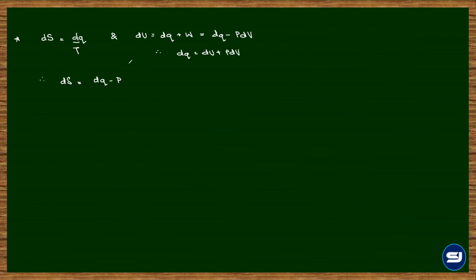Yes or no? So in place of dq I can write dU plus pdV upon T. Now what is dU or delta U? How do we write delta U?